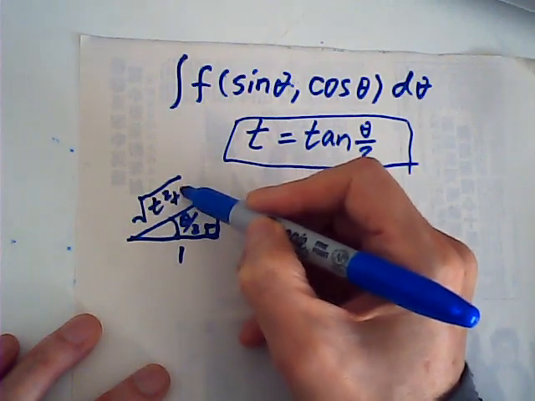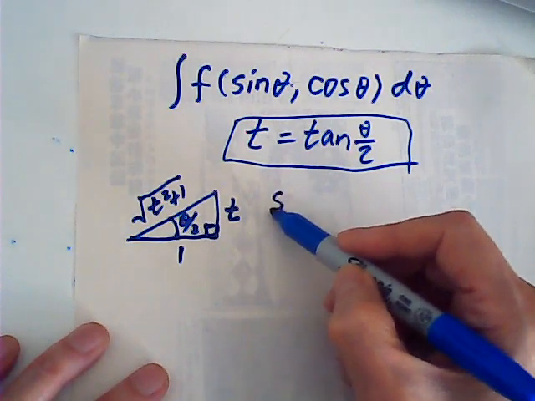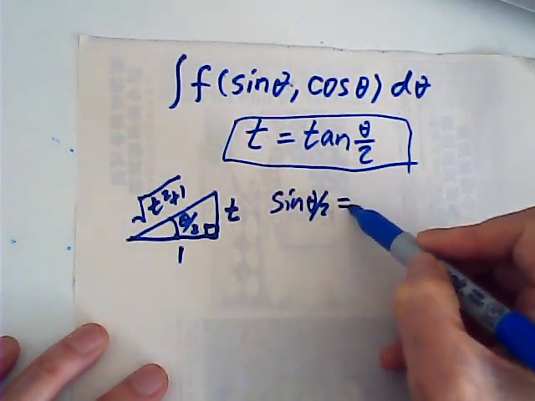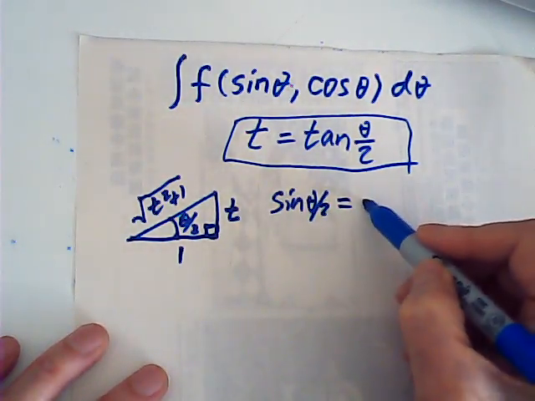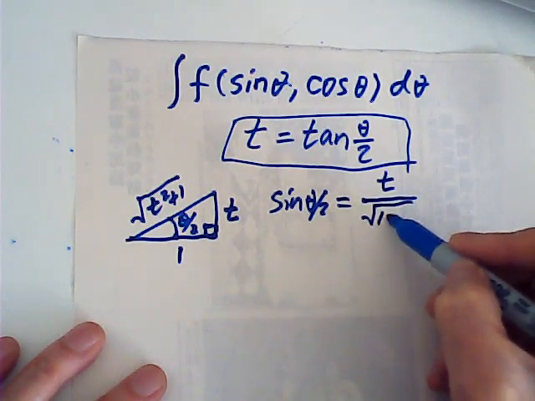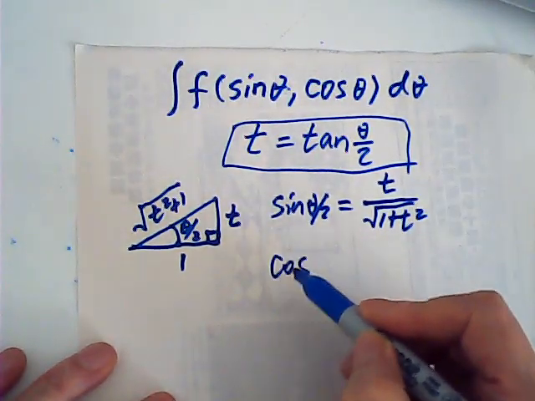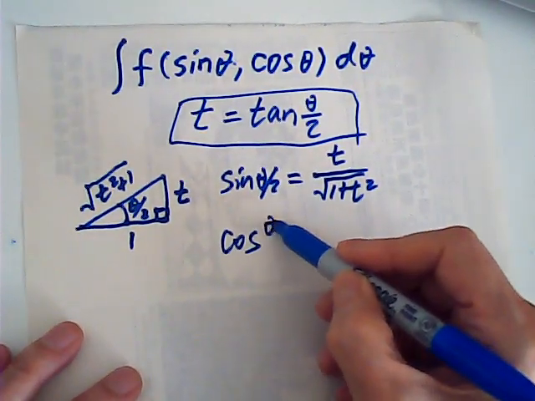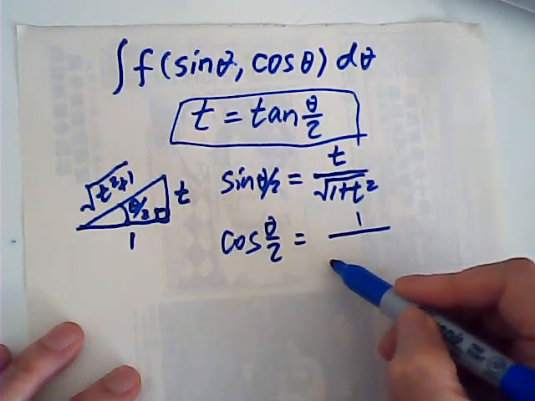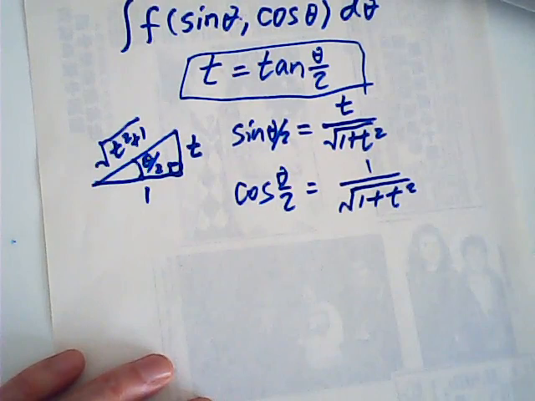Then the sine of half theta is equal to t over the square root of 1 plus t squared, right? And the cosine of half theta is equal to 1 over the square root of 1 plus t squared.